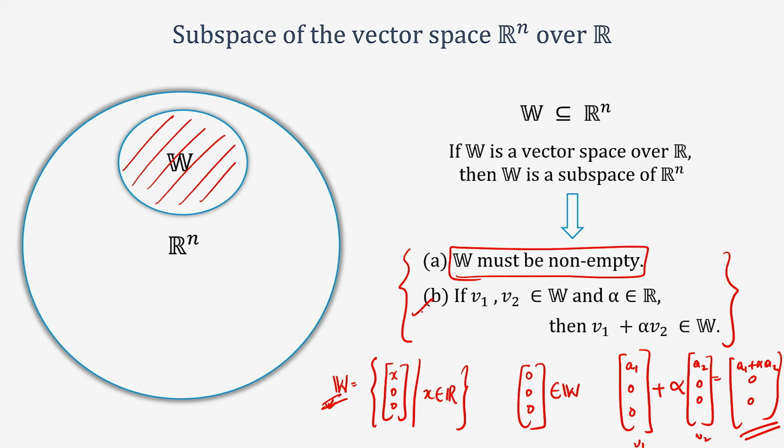Therefore, the x axis sitting inside R3 is a vector space, or in other words, it is a subspace of R3.